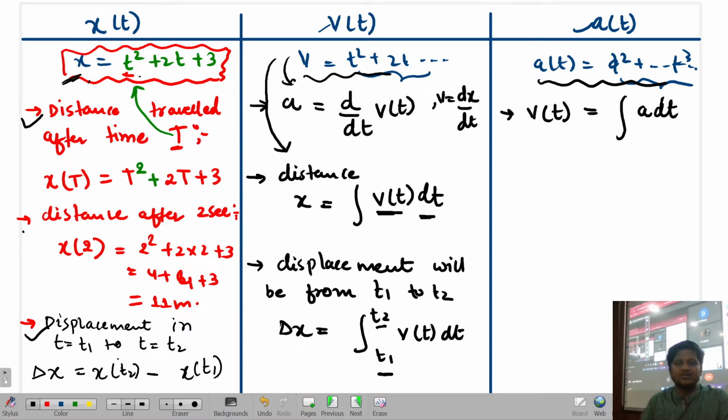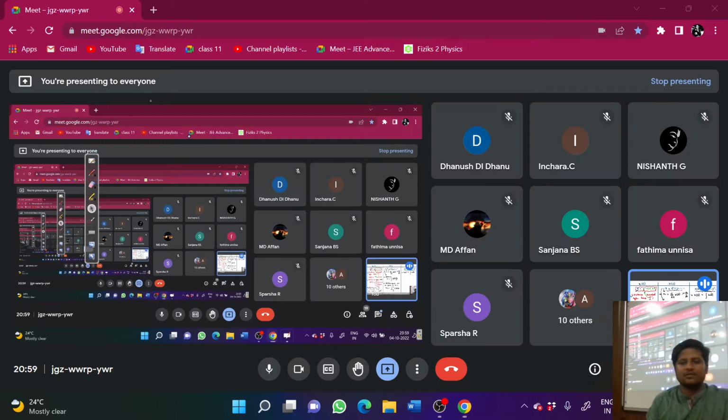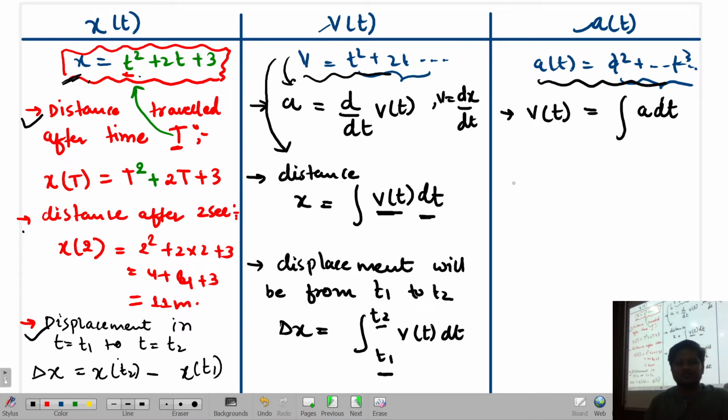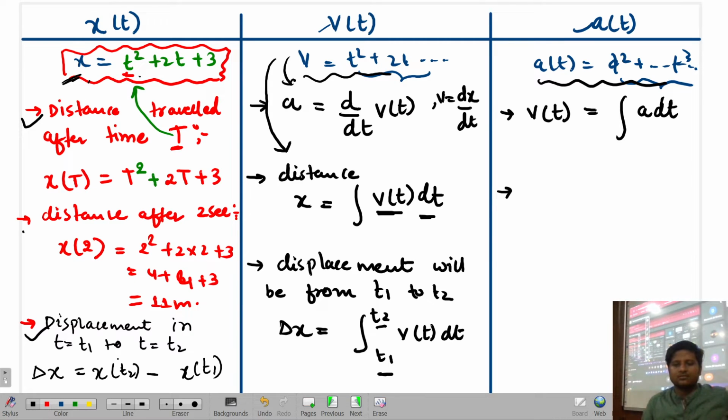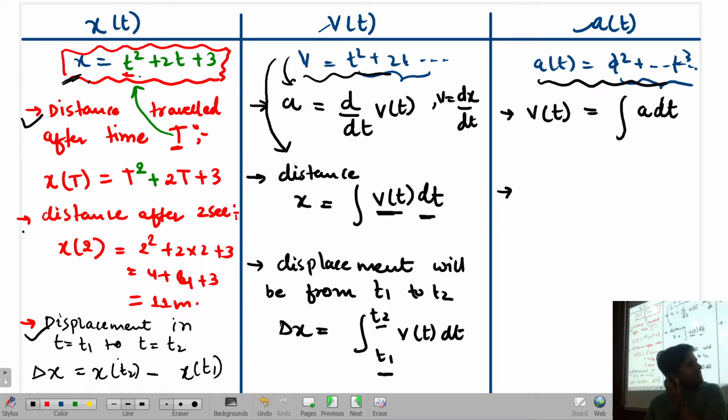Sanjana, Sneha, Sparsa, Varun, is it clear? Yes, sir. Harshita, now is it okay or not? Are you able to connect the equations? Yes, sir. Radha, can you connect it? Yes, sir. Okay. Your marks are very low, Radha. Please focus. Start focusing.